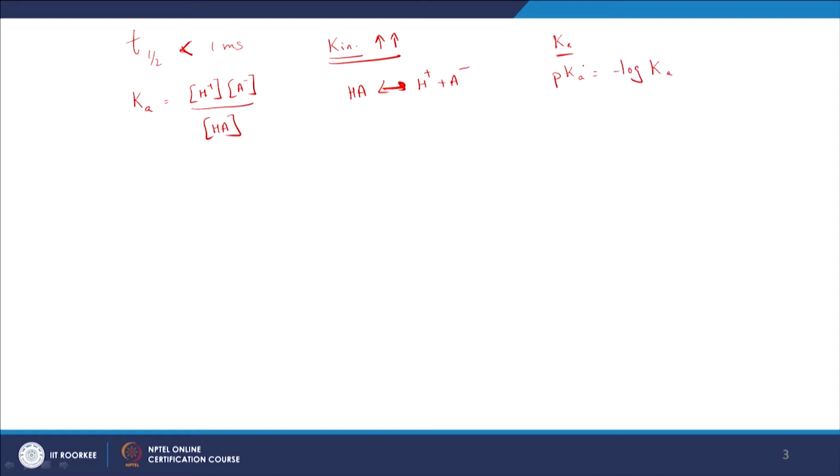And these are constants for a specific acid, right? So we are going to go into that in greater detail, and then we started looking at, or derived, the Henderson-Hasselbalch equation. And what is that? It gives us the relationship between pH, pKa, and the relative concentrations of the deprotonated form and the protonated form.